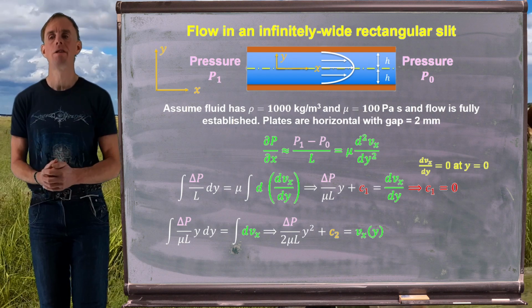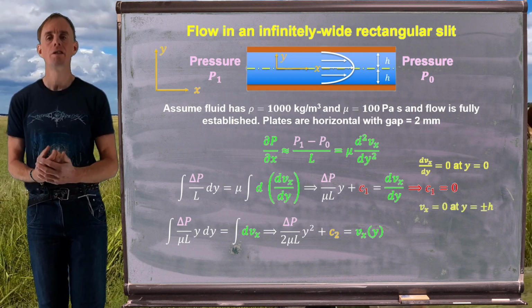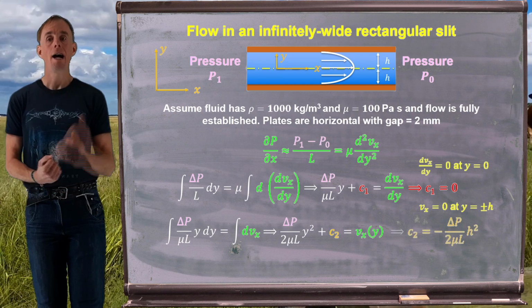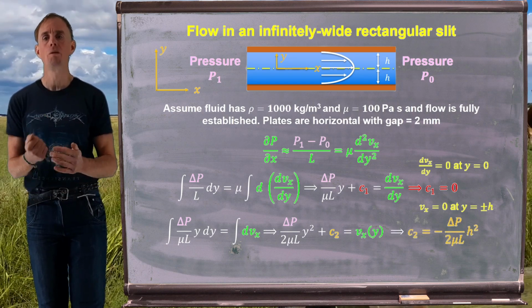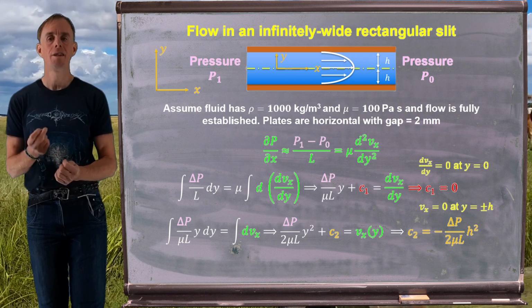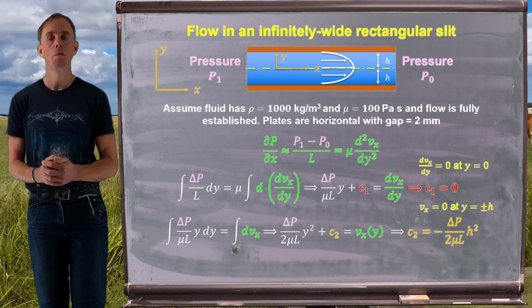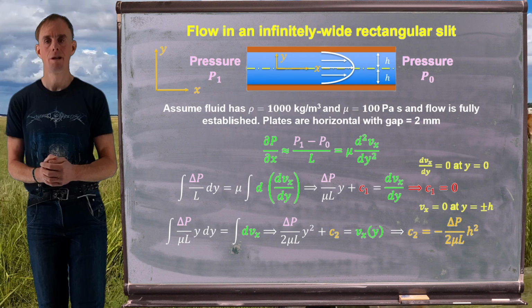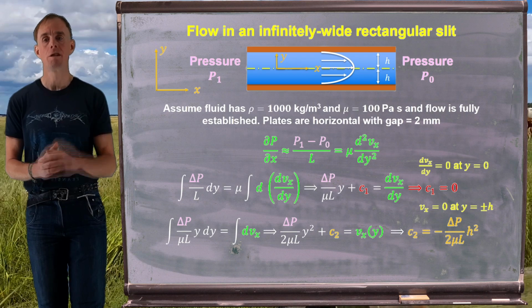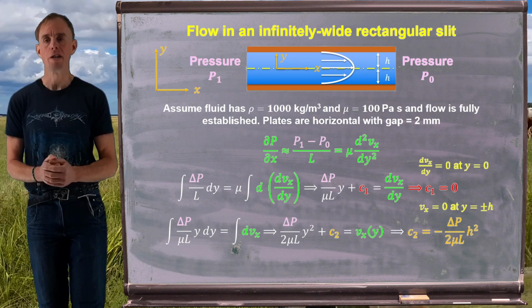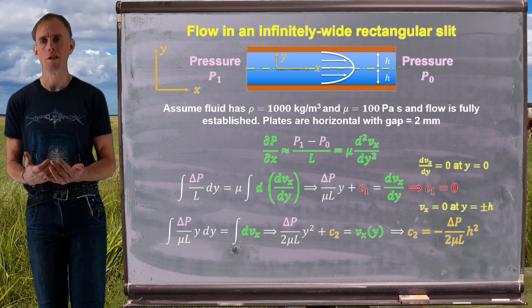And we can evaluate c2 by means of our second boundary condition. And this is the no-slip boundary condition. Fluid is stuck to the upper wall and the lower wall. And we know that vx is going to be equal to 0 at y equals plus or minus h. Now, it's rather useful that we're dealing with a term in y squared when we implement this boundary condition, because h squared is just h squared, and minus h squared is h squared.